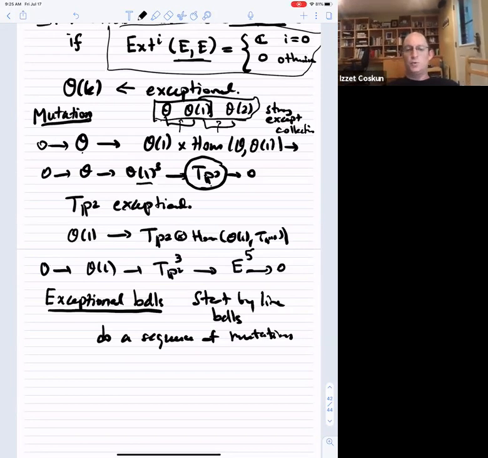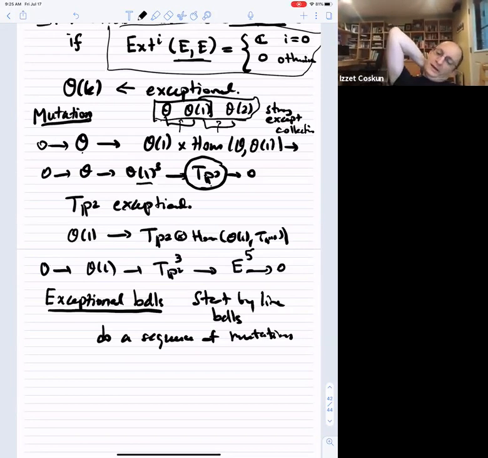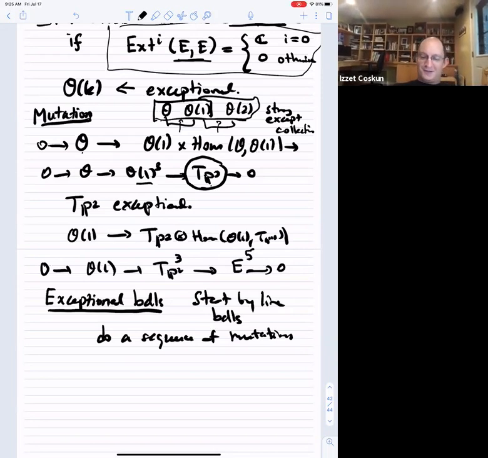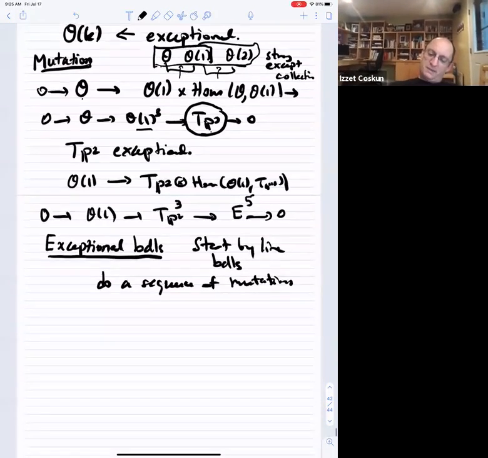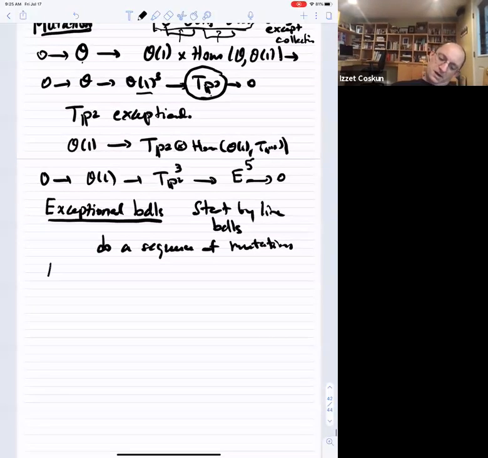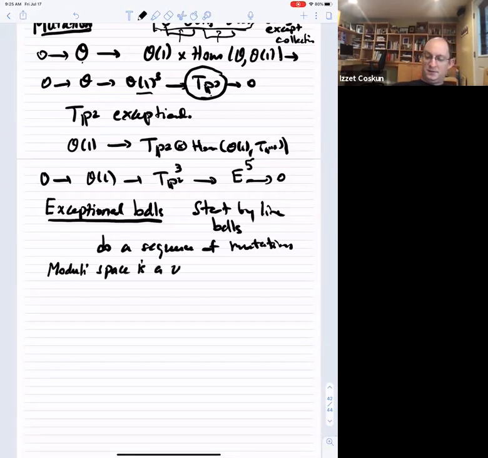You can keep doing it and get larger and larger rank bundles like this. And they have the property that the moduli space is a unique point. The moduli space is a unique point. Okay.